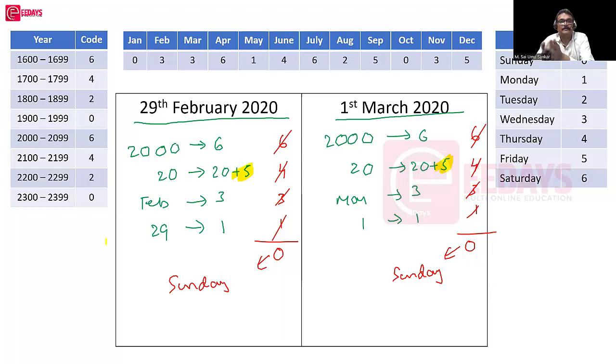If any year has 29 days in the month of February, then that is a leap year. Otherwise, that is an ordinary year. We consider a leap year only if 29th February has been crossed. If 29th February is not crossed, that is not a leap year at all. For 1st March we count the leap year, so 5 leap years. But here, since 29th February is not crossed, we should count only 4, not 5.